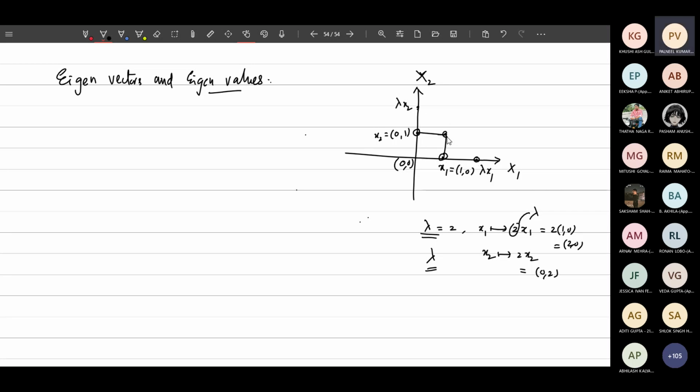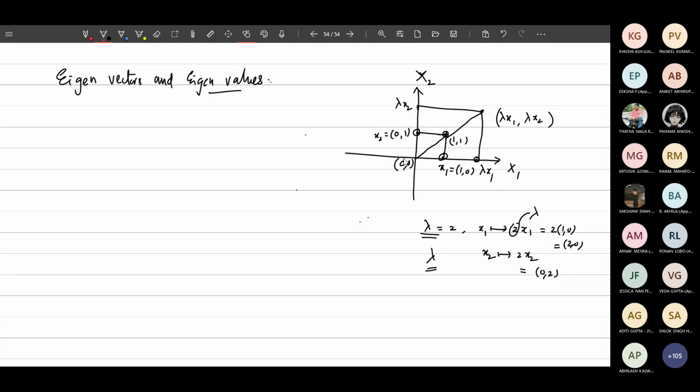This is the value x1, x2, correspondingly 1, comma 1, and lambda x1, lambda x2 if you take, then this is lambda x1, lambda x2. So you consider these points.